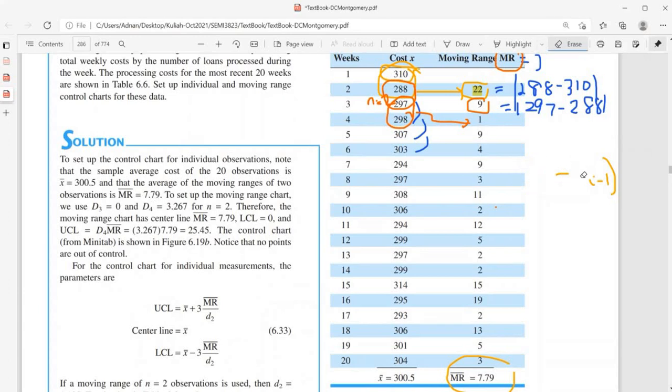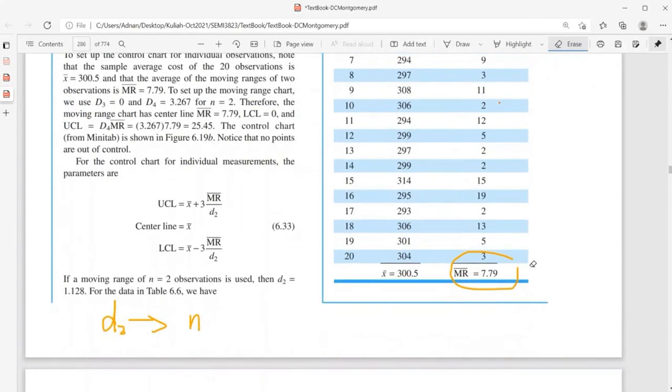This 7.79 is coming from here: the summation of all the values divided by 20, we get 7.79. This is what we get, the MR values.